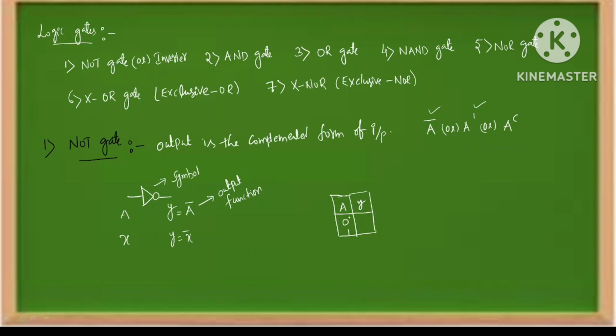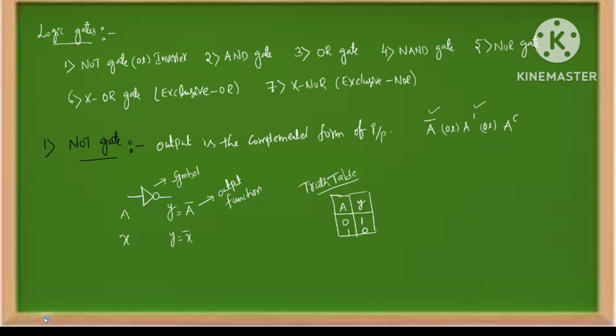So if A is 0, Y must be 1. If A is 1, Y must be 0. So this is a simple truth table of the NOT gate. A truth table always gives us the possibilities of input and their corresponding output. This is about the basic gate, which is the NOT gate.